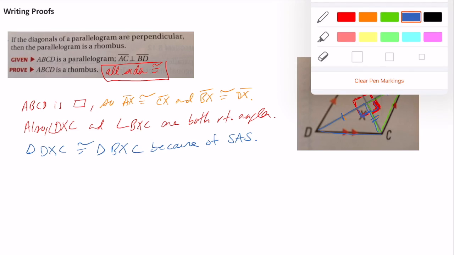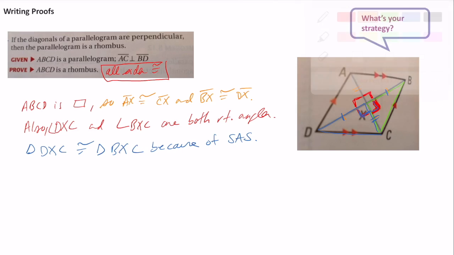And so if those 2 triangles are congruent, then I know that all of their corresponding sides are the same, right? So I know that, for instance, BC is the same as DC. Therefore, BC is congruent to DC. And that's because of corresponding parts, and you could also write your reason in parentheses.